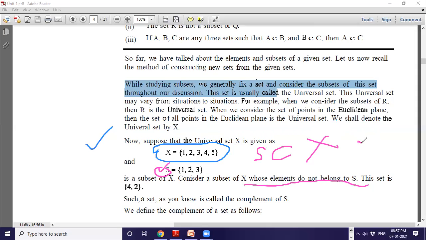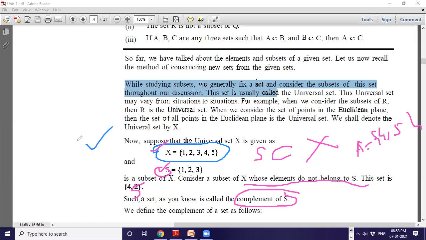Say that set I am representing as A, which is a subset of X but which is not equal to S, and that will be of course 4 and 5. Such a set is known as complement of S.